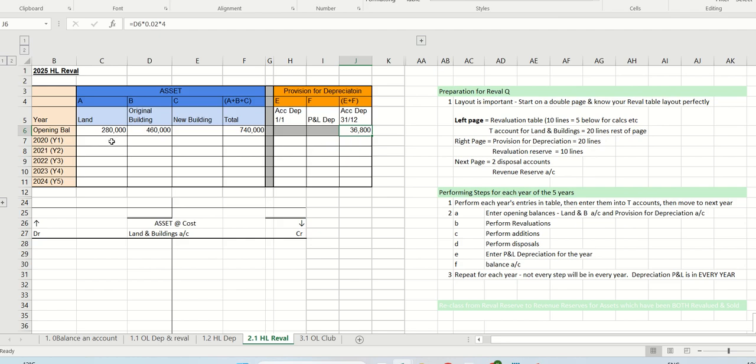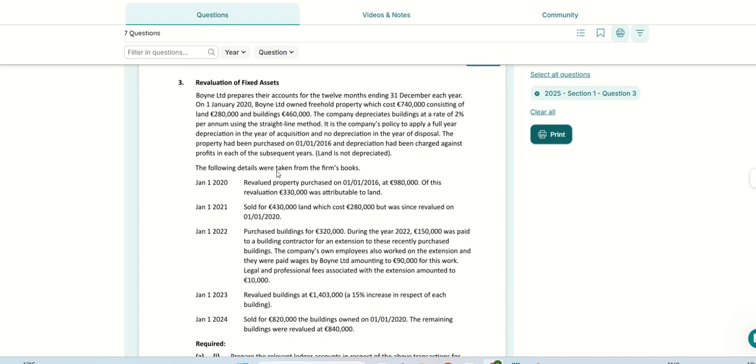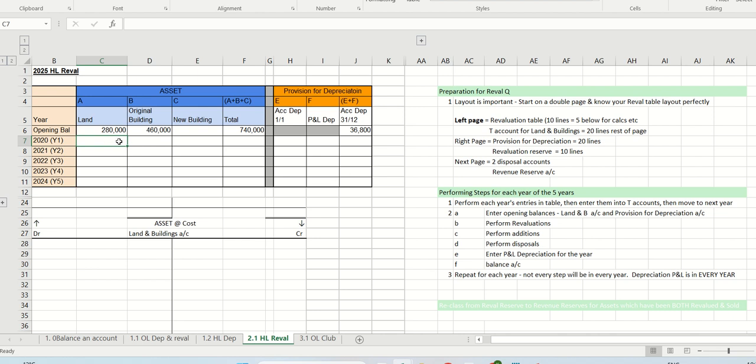Okay, so we have the value for our opening balances. Now let's see what's happened in the first year. On the 1st of January 2020, we revalued the property up to 980,000, and 330 of that went to the land. So our land went up to 330,000. Okay, so it was 280, it's gone up to 330. Our total of land and buildings combined is going to be 980,000.